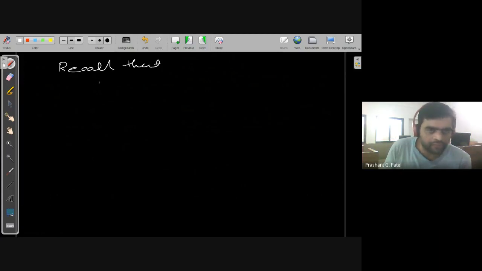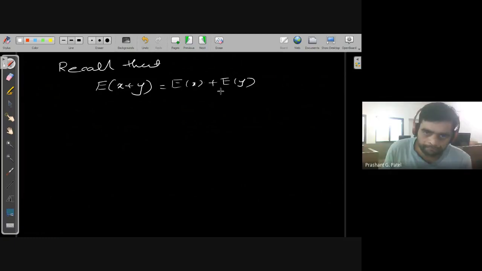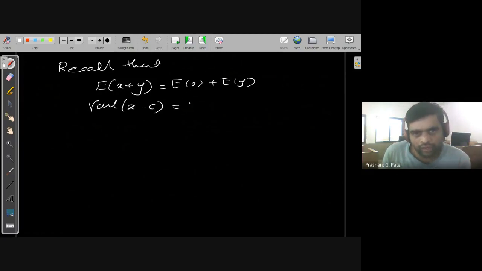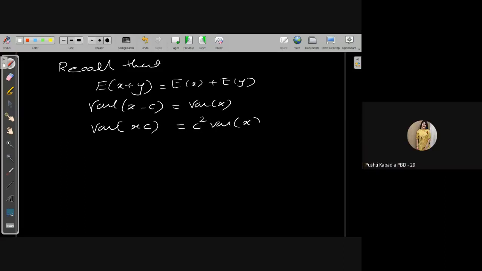If you have E of X plus Y, then what you can write about this is E of X plus E of Y. The variance of X times c, that you can write as c square variance of X.